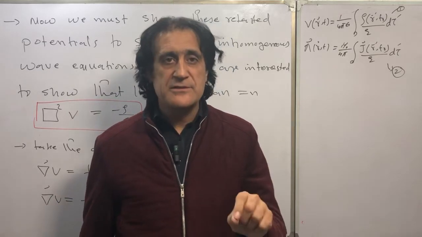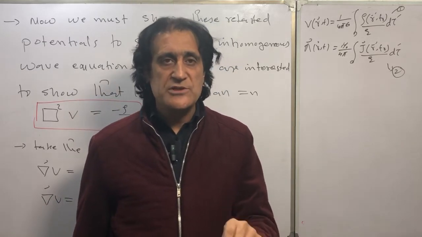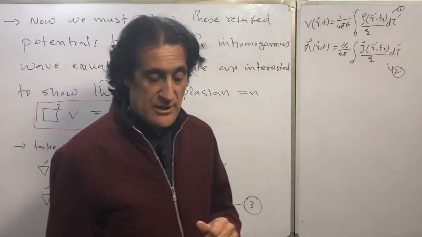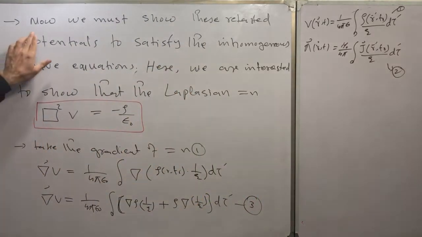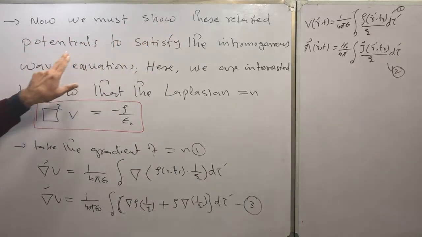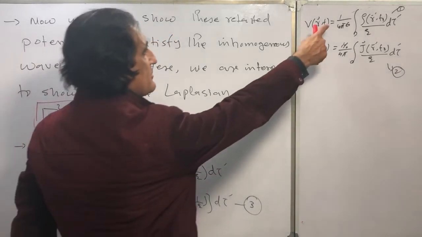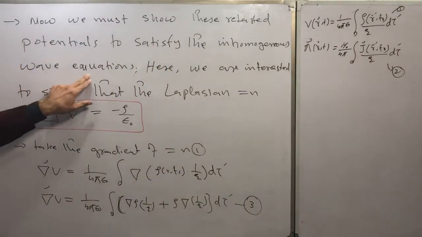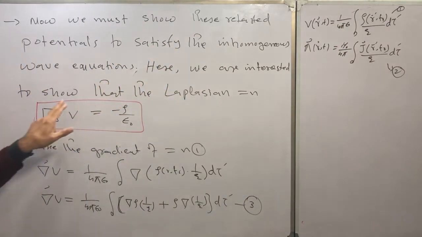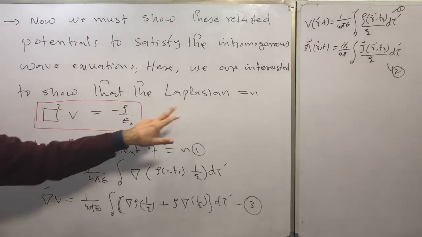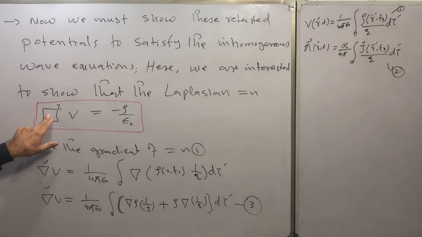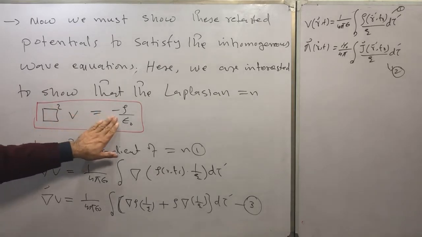We must use the wave equation to satisfy these inhomogeneous equations. So now we must show these retarded potentials, equations 1 and 2, satisfy the inhomogeneous wave equation. Here we are interested in showing that this equation is satisfied.